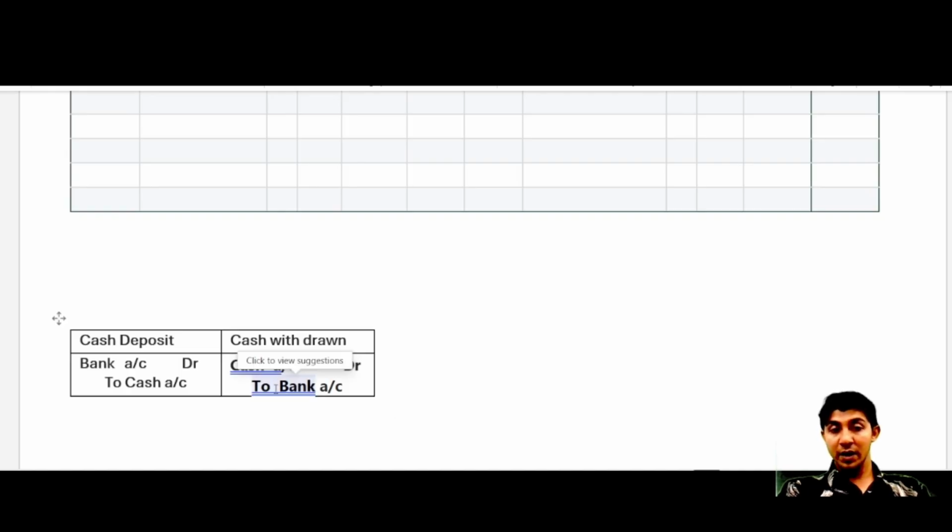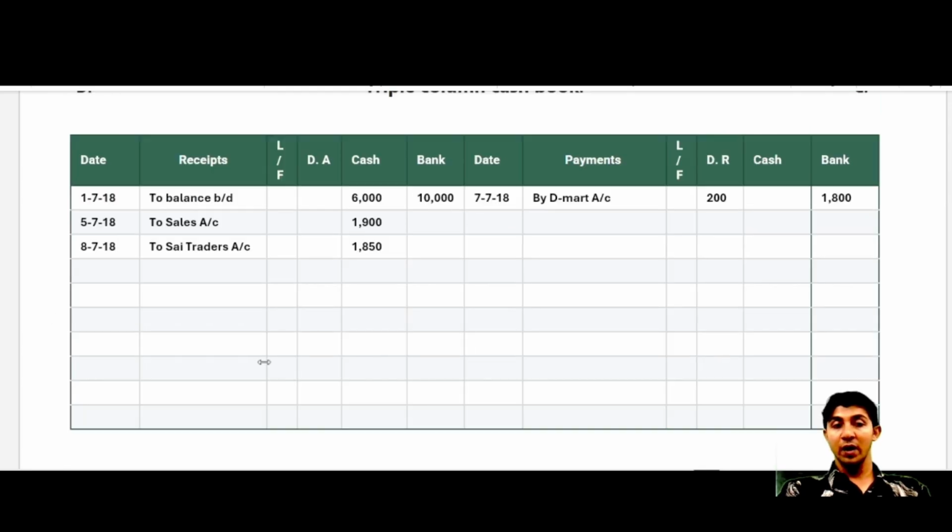अब ये journal entry में to किसके साथ है, बैंक के साथ. So what we have to write here, we will write the date, that is on 14th July 2018, and to किसके साथ था, बैंक. So to bank, on the receipt side, and here we will write by cash account.